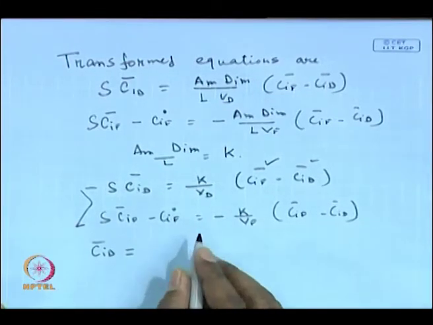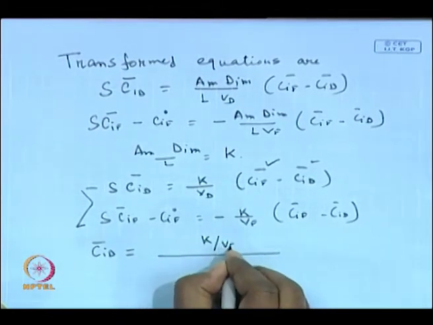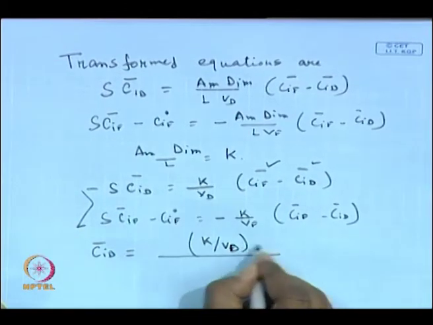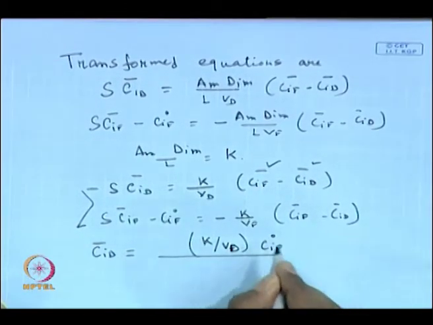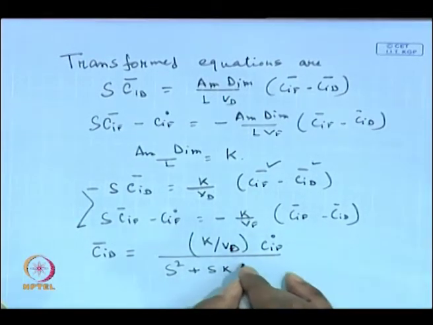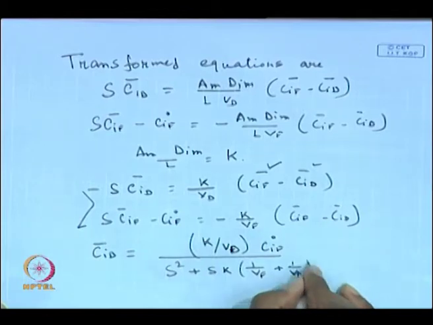So, C_ID bar is nothing but K times V_D times C_IF naught divided by s squared plus s K (1 over V_F plus 1 over V_D).